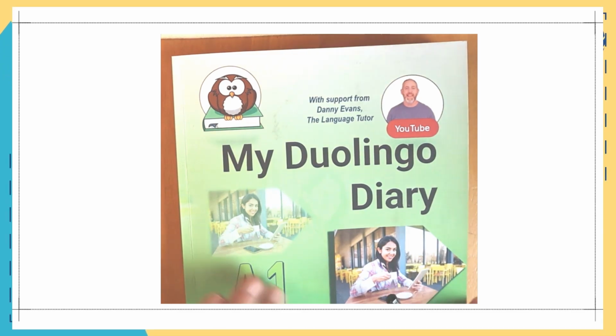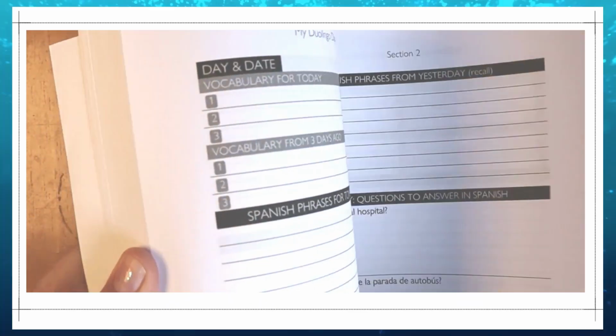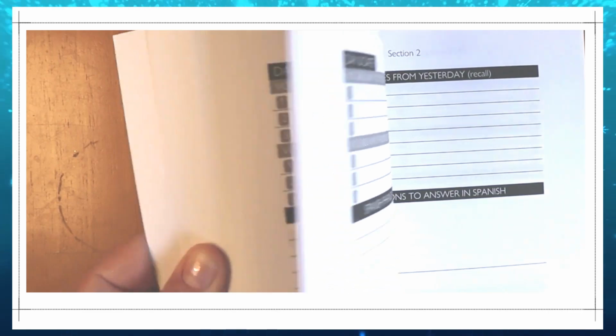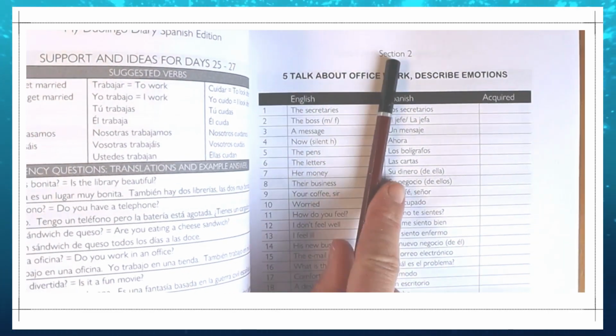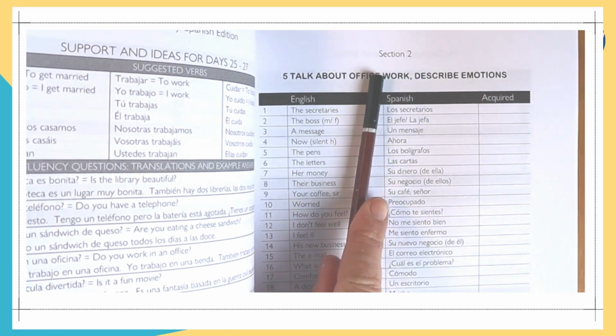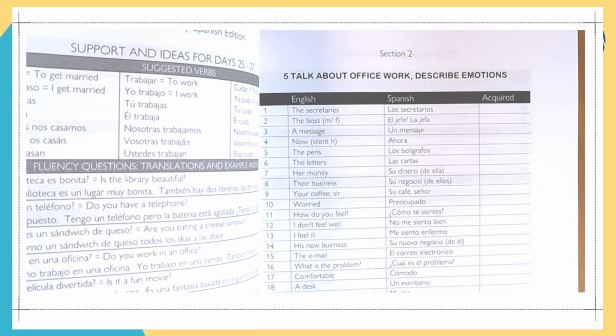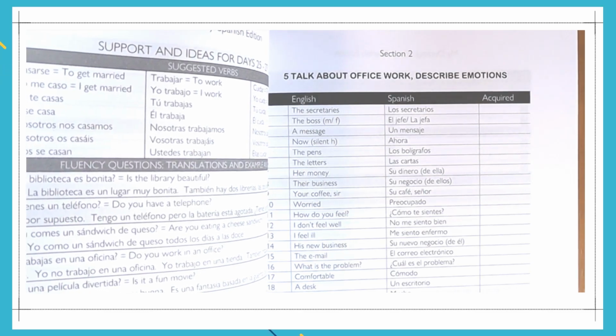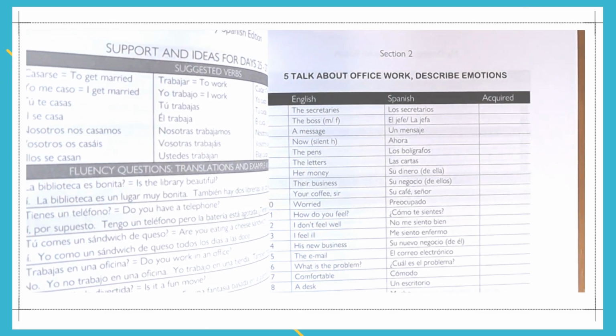I don't envisage that you use this book every single day. You could do, but it might be 2 or 3 days a week. As long as you are corresponding the lessons and the sections of Duolingo to what you're doing in this book, it will make perfect sense. It will help you remember your Duolingo lessons and it will help you become fluent in Spanish.